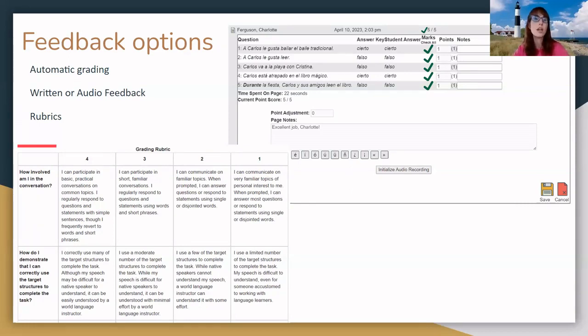And you can also give some written or audio feedback. So this one right here, I went into my own daughter's account and just added something to hers because she's my daughter. So I don't care if you guys see her score or whatever. And you can just type it in. I wrote, excellent job, Charlotte. If I wanted to talk to her, I could initialize the audio recording. I could say something like, hey, great job.